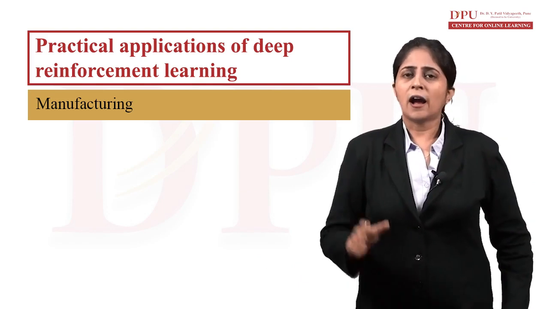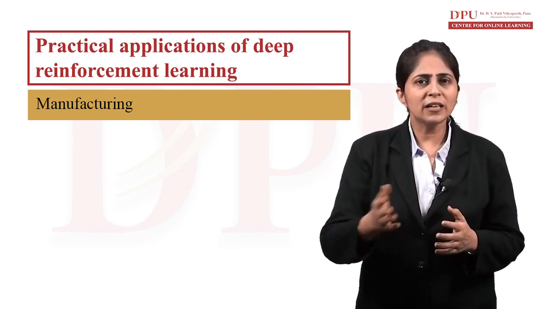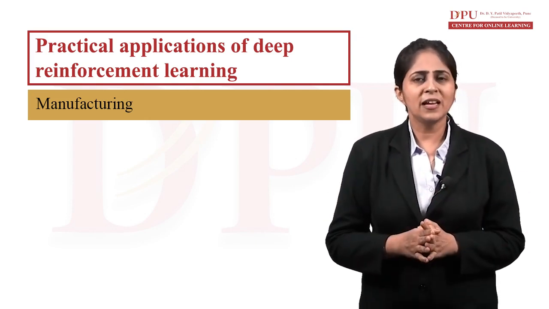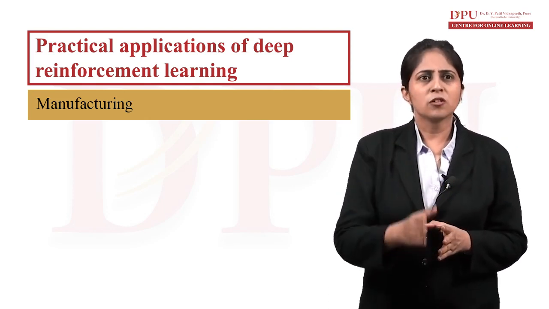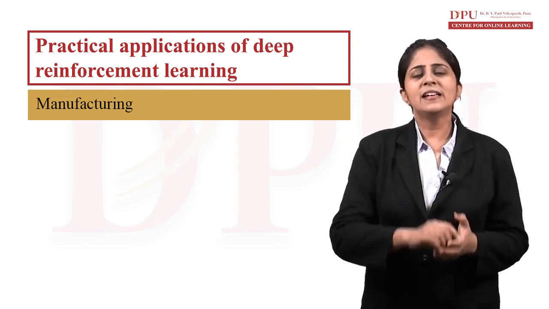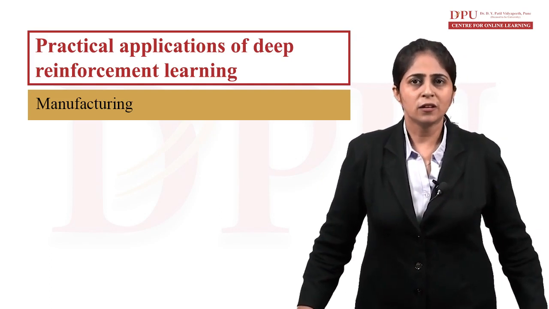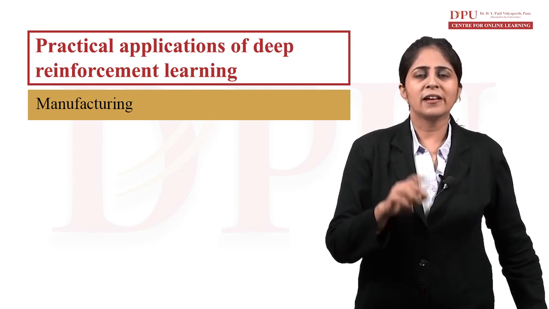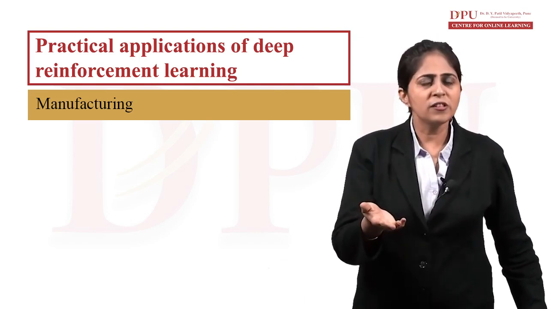For this, a robot has to pick a device. It might have to put it into the container. Now, how does deep reinforcement learning apply here? Deep reinforcement learning helps it to gain knowledge based on whether it has succeeded in performing its task or failed. Next, it uses this knowledge. If it has succeeded, it uses this knowledge to perform more efficiently.